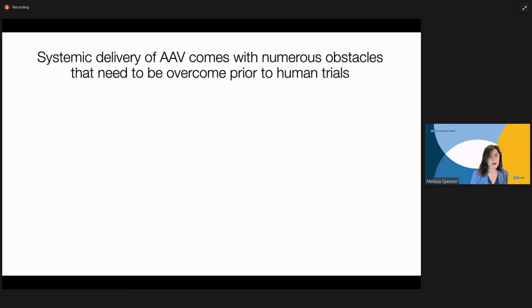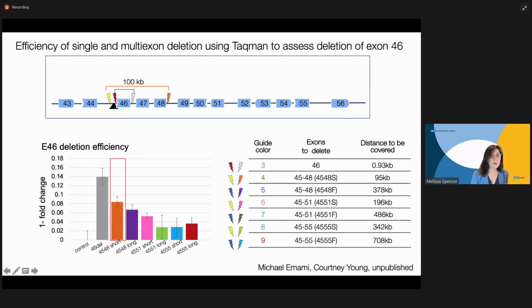But as we go along, oopsie, I guess I took that slide out. As we go along and create larger and larger deletions, including the one we're interested in translating, which is this red bar, the efficiency doesn't drop off that much. It is a little less efficient, but comparing a 400 or 500 kb deletion versus a 700, there isn't much of a difference.